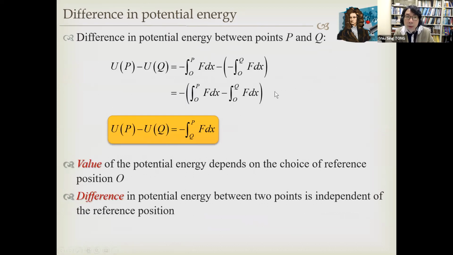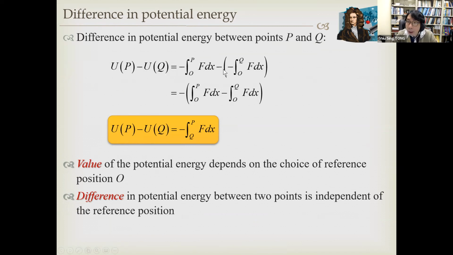Now I would like to show you that the difference in potential energy between 2 points is independent of the reference position. Suppose I calculate UP minus UQ, where P and Q are two different positions. By our definition, I integrate the conservative force from O to P with a minus sign to get UP, and I integrate from O to Q with a minus sign to get UQ, and I find the difference between the two, right?